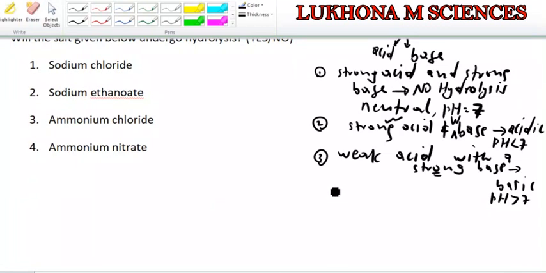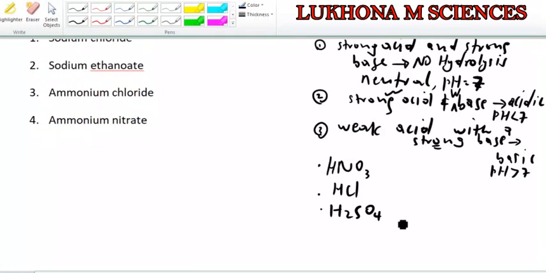Strong acids are like nitric acid. You must know that nitric acid is a strong acid. Then hydrochloric acid is a strong acid. Sulfuric acid is a strong acid. Let's go to the bases.